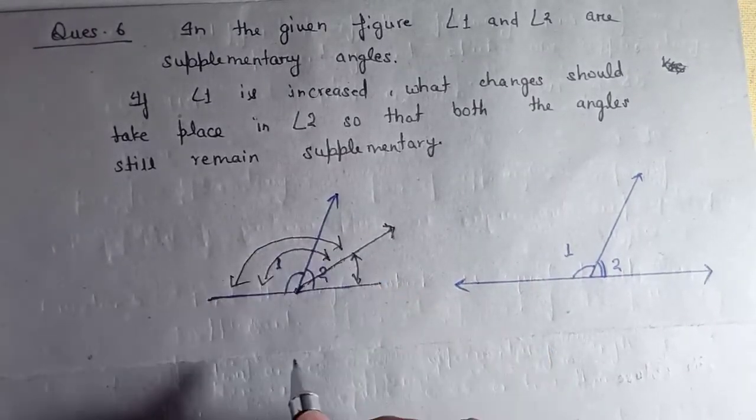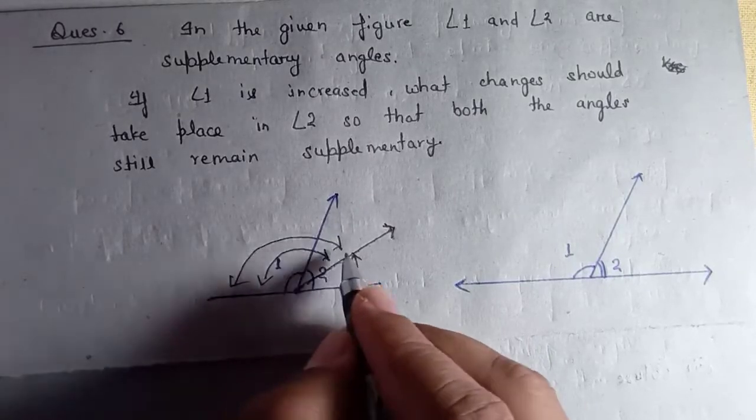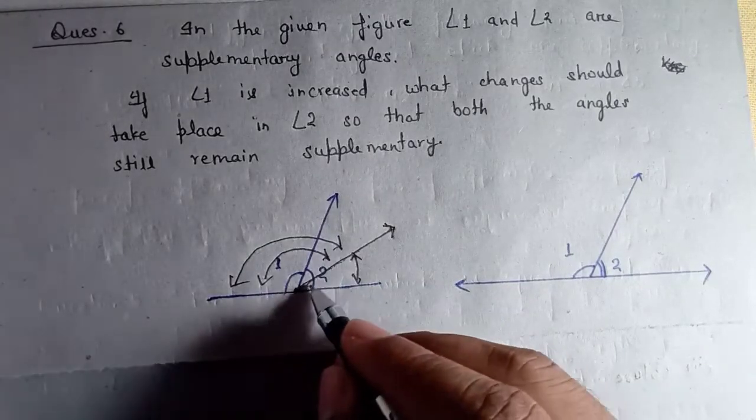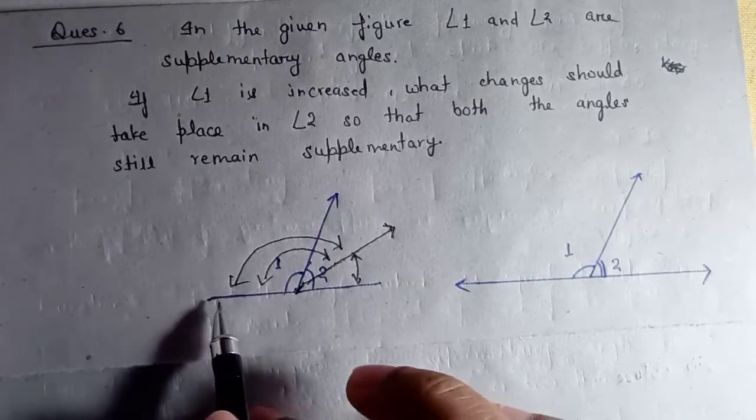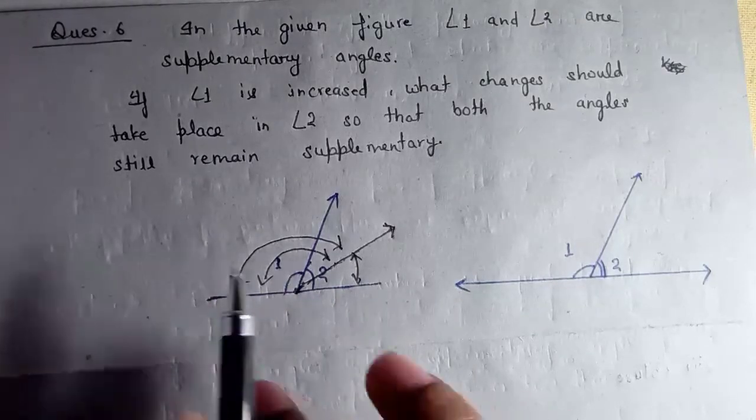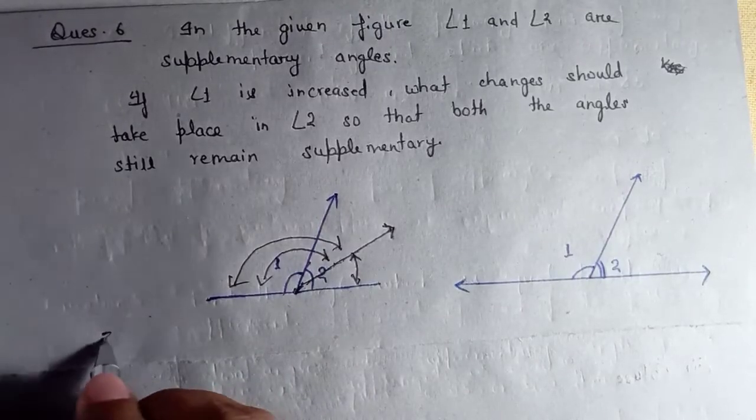What is that? As you increase angle 1, you have to decrease angle 2 so that this pair of angles may remain supplementary.